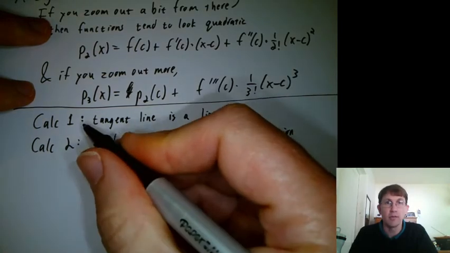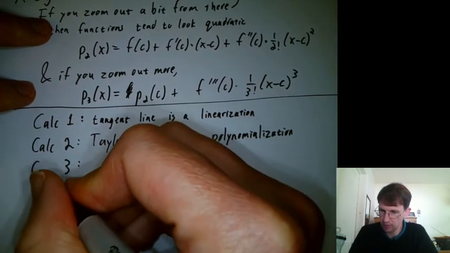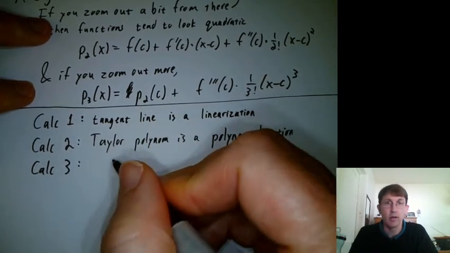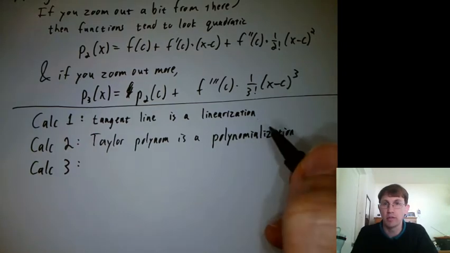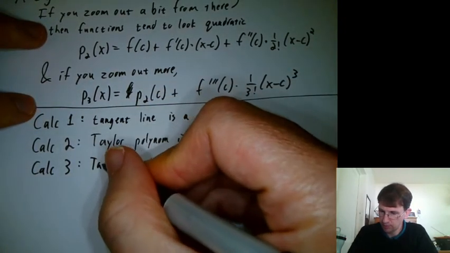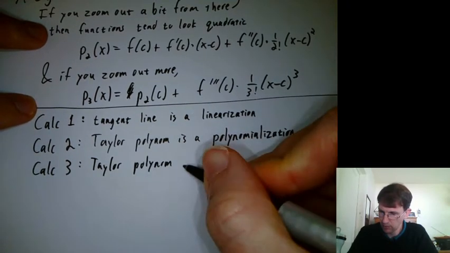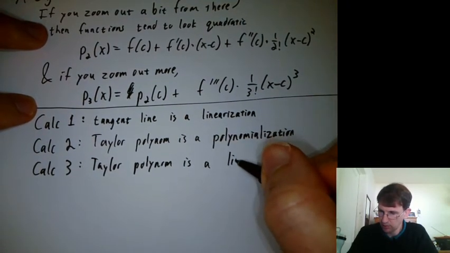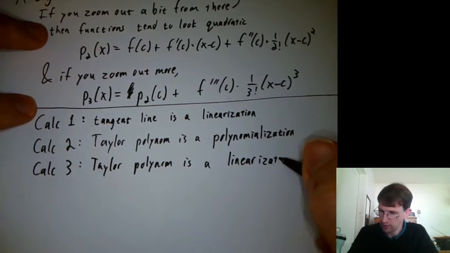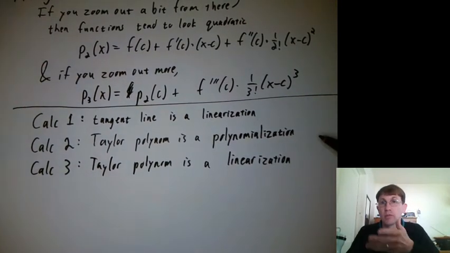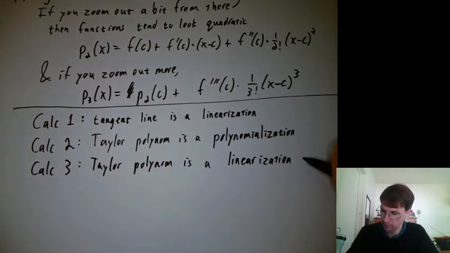Anytime you see the numbers 1 and 2, that makes you wonder about, how about 3, right? So what do we do in Calc 3? Well, we do Taylor polynomials, and sometimes they're linearizations, sometimes they're polynomializations, depending on what order you want to do things in. But it's a linearization in multiple dimensions, so it's actually planes rather than straight lines.